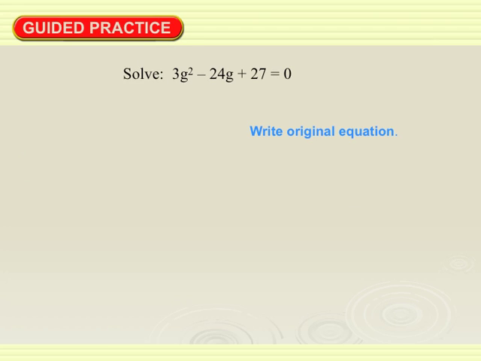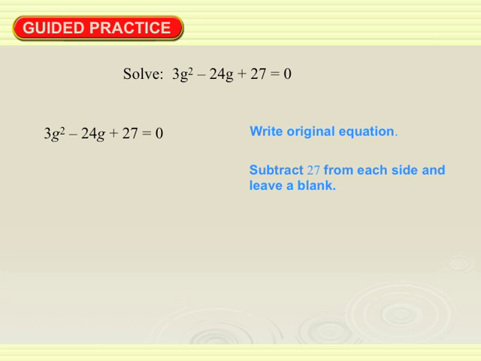I know that this process of completing the square looks kind of confusing, so let's go through another example together. Let's say that I start with the equation 3g squared minus 24g plus 27 equals 0. I'm going to start with my original equation, and I'm going to subtract 27 from each side and leave a blank for where I'm going to complete the square.